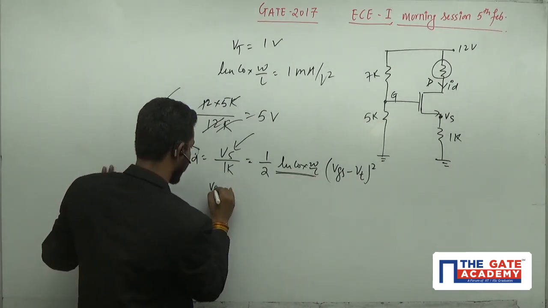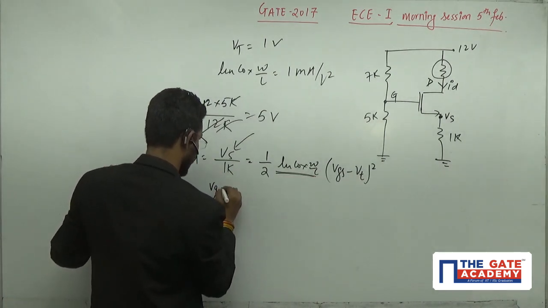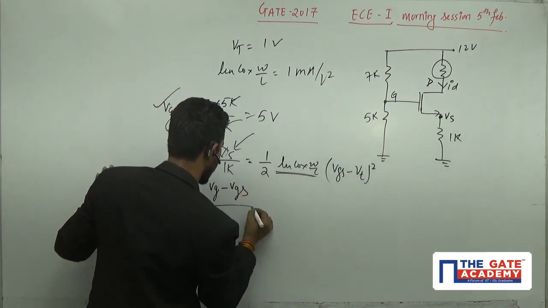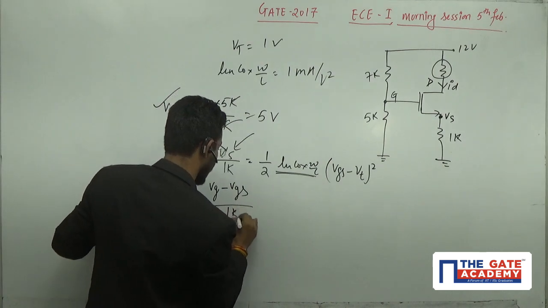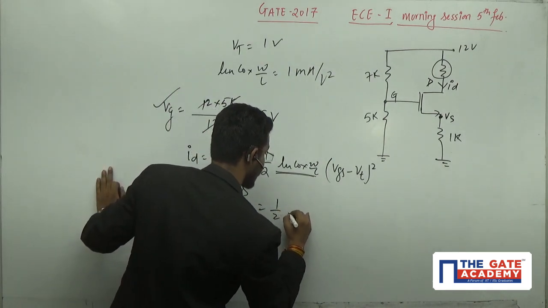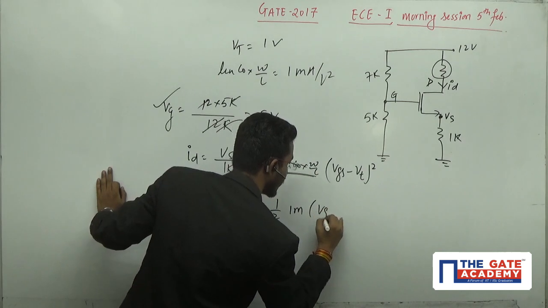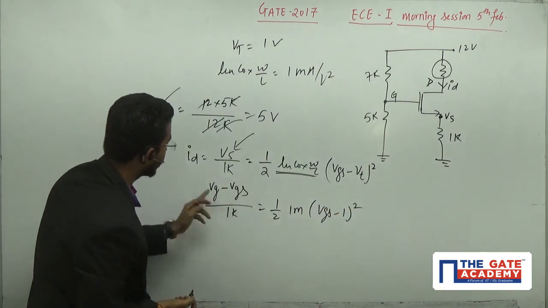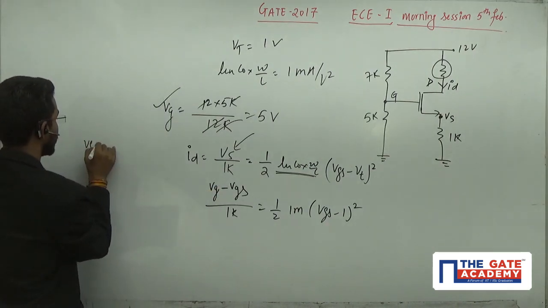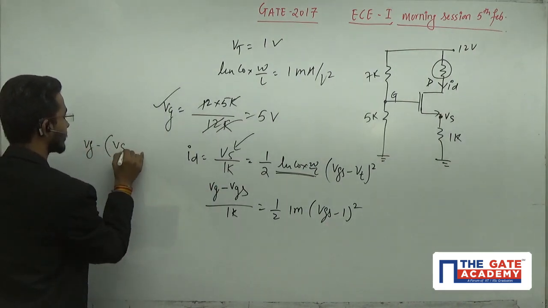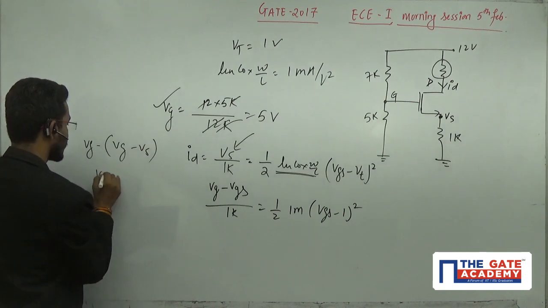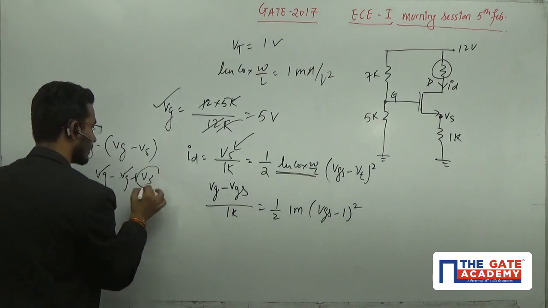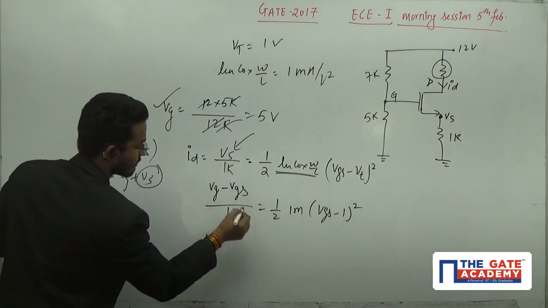We can represent it like this: (V_G minus V_GS) divided by 1K is equal to 1 upon 2 times 1 milli times (V_GS minus 1) to the whole square. How have I written this? Because V_G minus V_GS can be written as V_G minus V_S, that means V_G minus V_G plus V_S. This will cancel out, and overall I have written V_S divided by 1K.